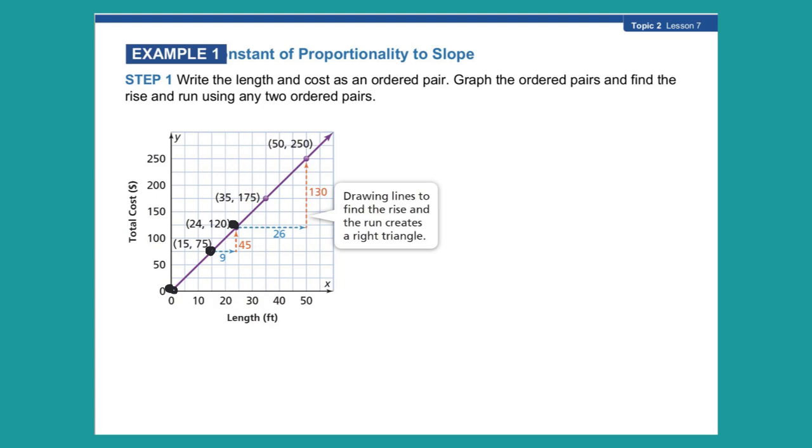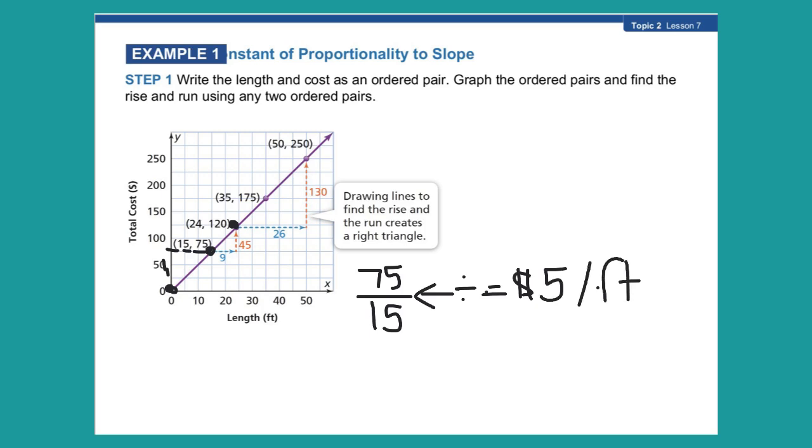Now we learned in our last lesson that I could simply count up from 0 to 75 and count over from 0 to 15. I could divide and I could find that this cost $5 for every foot of fencing.